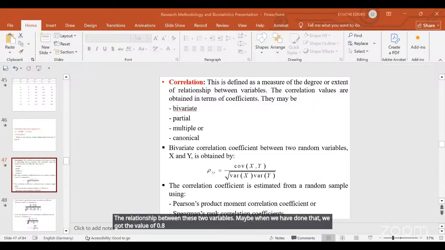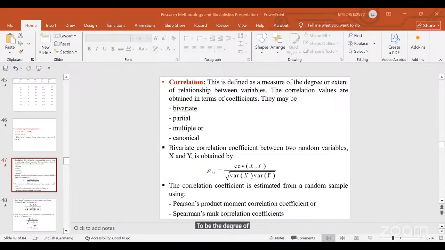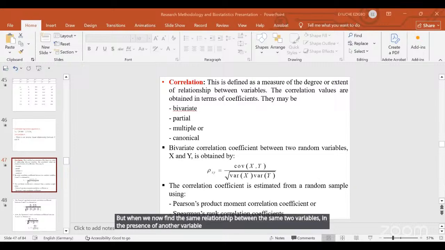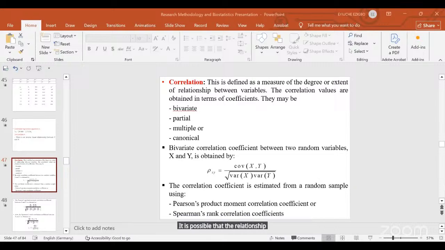But when we now find the relationship between the same two variables in the presence of another variable, it is possible that it will drop to 0.57.